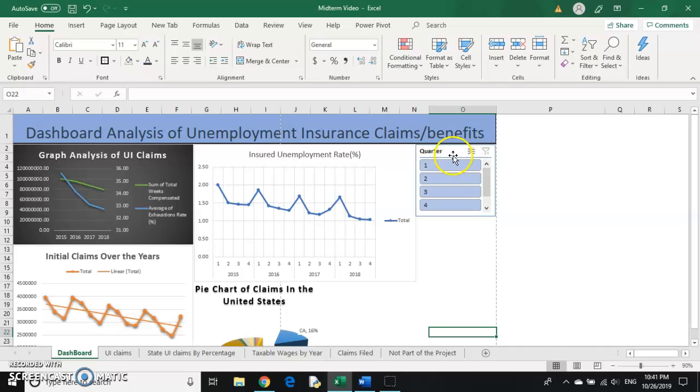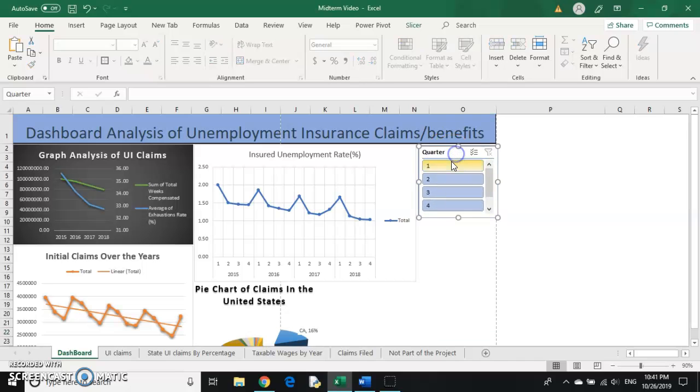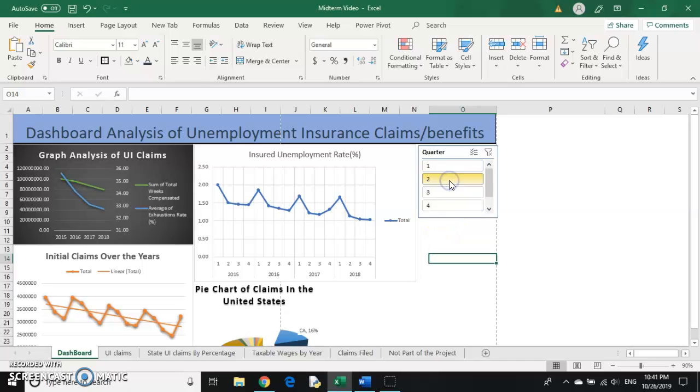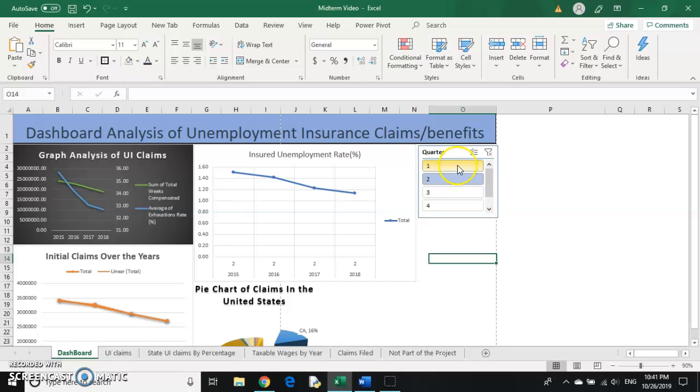On the right, I have the slicers, where I only use the quarters and the years. If I click one of the quarters, for example the second quarter, it will show the second quarter in each year and how it interacts with the other graphs.